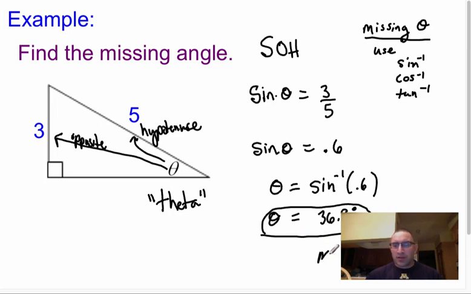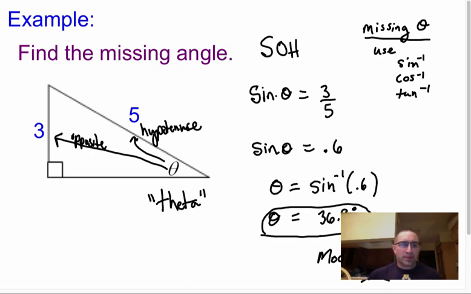We have to make sure that all of our calculators are in degree mode. There's another choice called rad, and we're not going to work with that yet. So it's important to make sure that you're in degree mode.